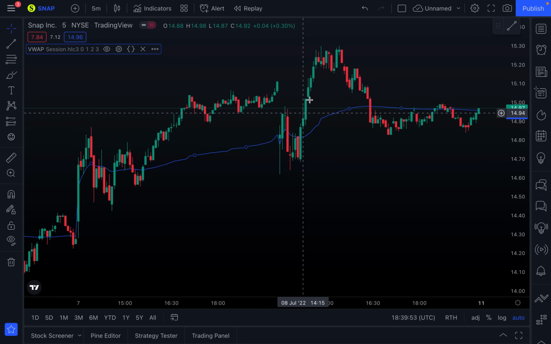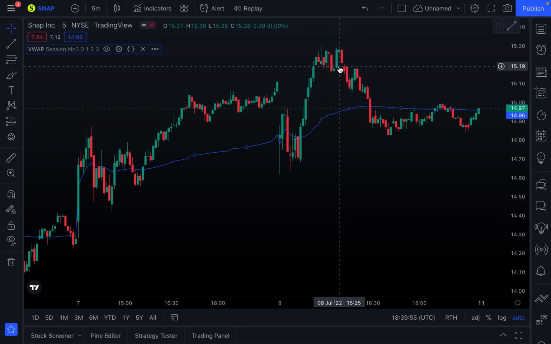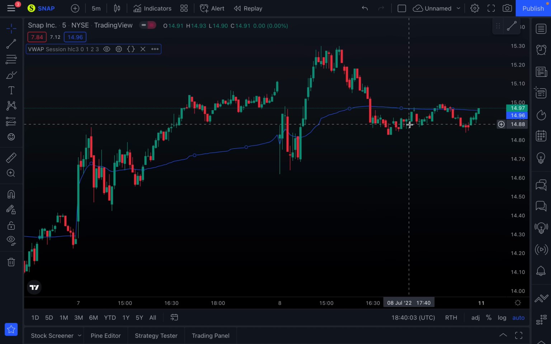So if it's in an uptrend, if it's above the VWAP, you're potentially looking for long opportunities, buying calls, buying the stock. However, if it's in a downtrend, you're potentially looking for shorting opportunities, shorting the stock, buying puts, bearish positions, right? So that's another key thing that this tells you. It can help you identify the trend for the day on that particular stock.